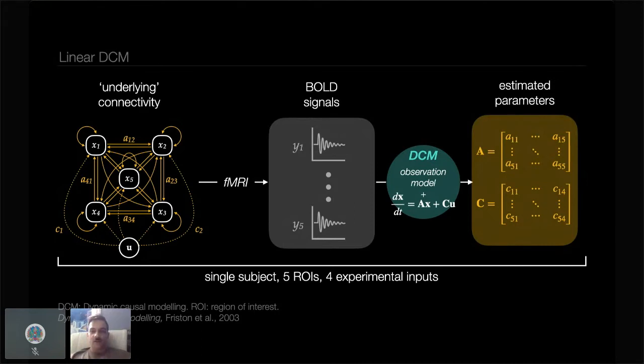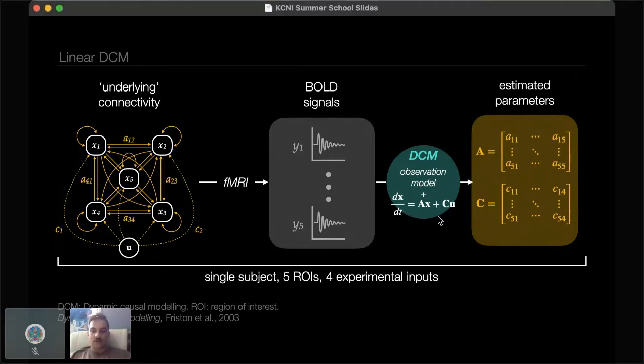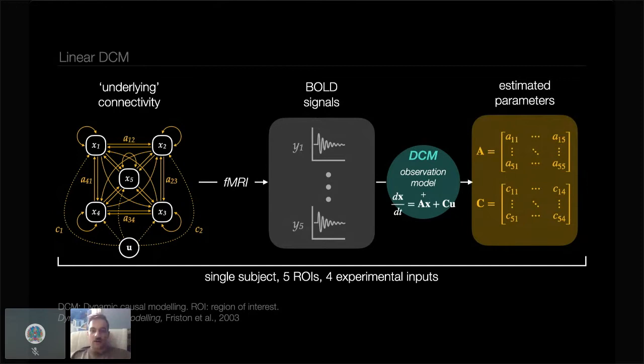On this diagram, I've omitted the bilinear interactions. You can see the state equation here, no bilinear term, because these won't be included in our DCM. So these dynamics are encapsulated by this state equation shown in the green circle.